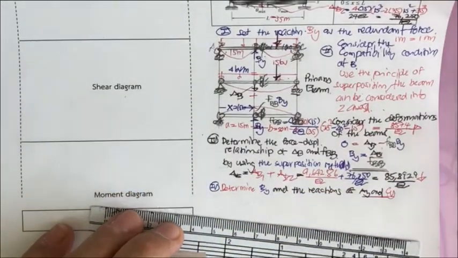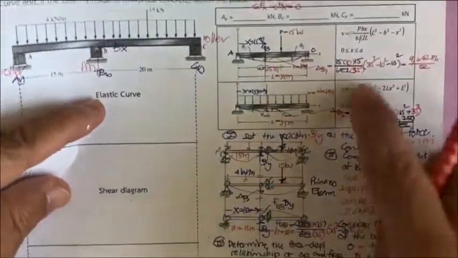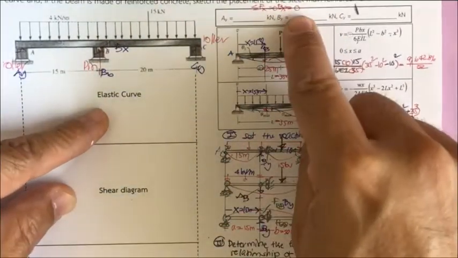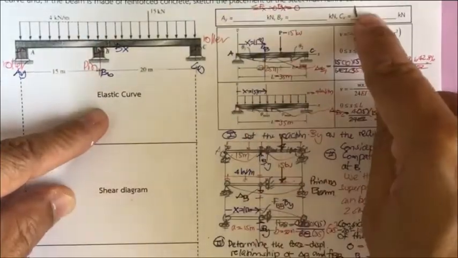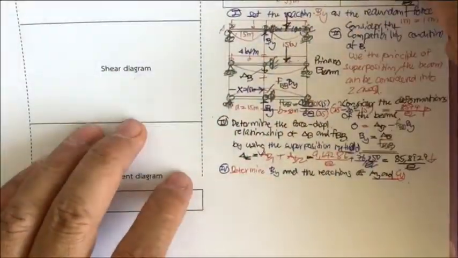That's required for what we're going to put into this table. Now we start with B sub y. After we know B sub y, we can find the others.